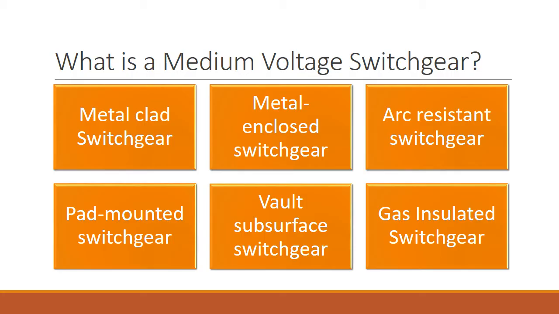Now, the third type that I want to talk about is the arc resistant switchgear. Traditional switchgear isn't built to resist the massive amounts of energy emitted during an electrical fault. Thus, arc-resistant switchgear is designed to contain and deflect arc flash energy away from the operator in a safe manner.